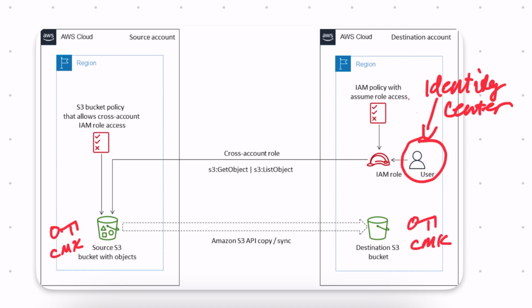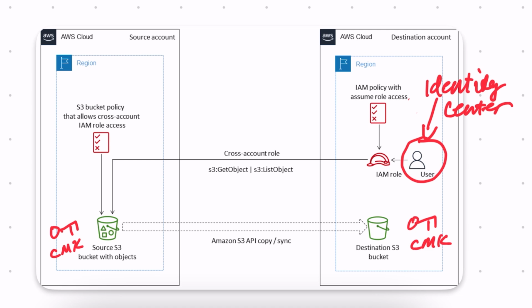Now with those temporary permissions, they can access the source bucket because the source bucket policy trusts that IAM role, and copy the data over. But as we will also find out, that permission should allow access over the KMS key of both the source bucket and the destination bucket as well.